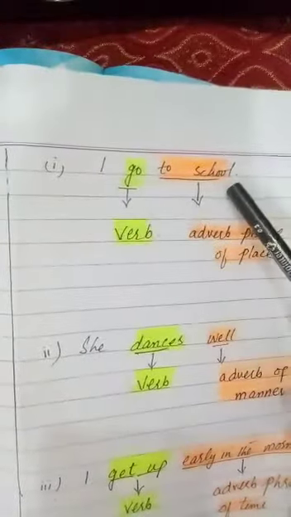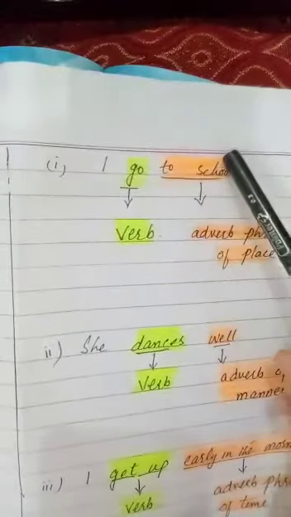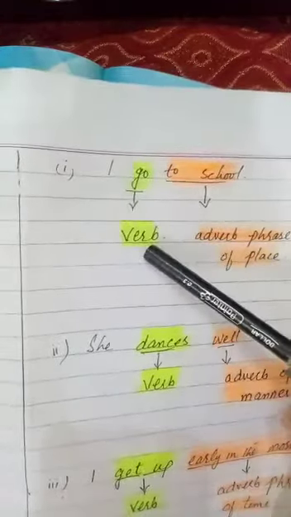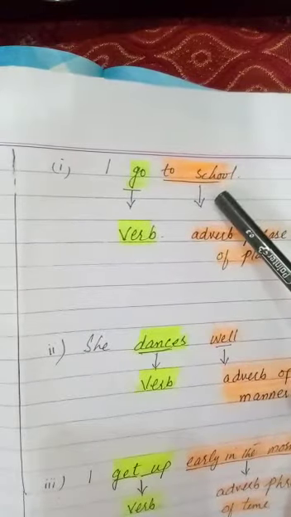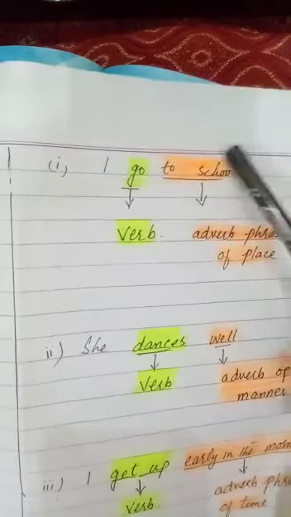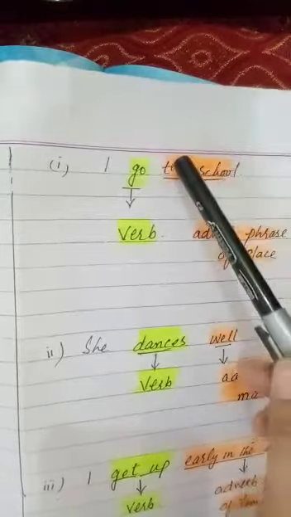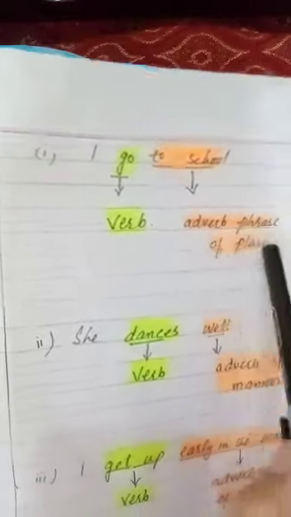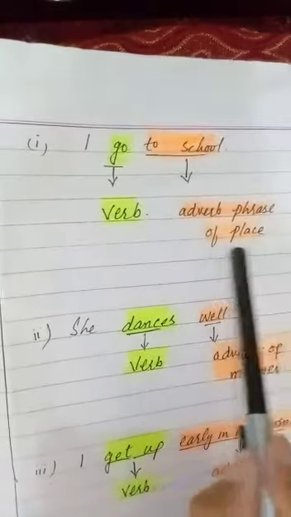I go to school. Now you will say that is an object. No. I is the subject, go is the verb, and to school is not an object. School is a noun, but it is coming after the preposition, so it is an adverb phrase of place.